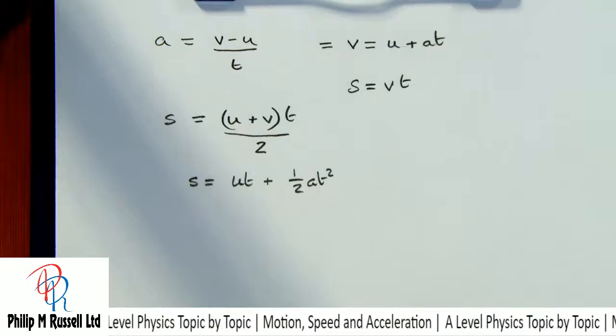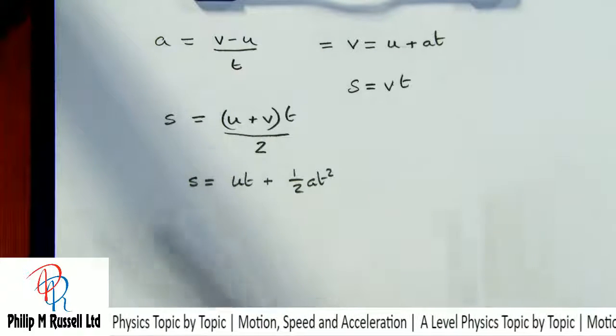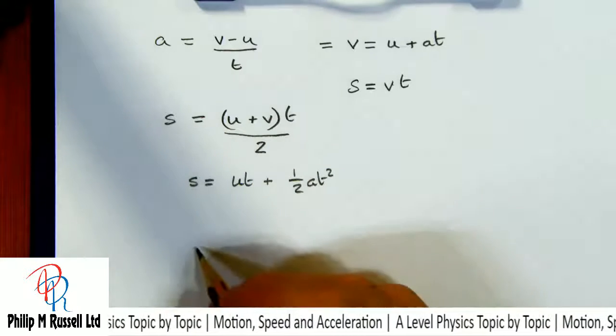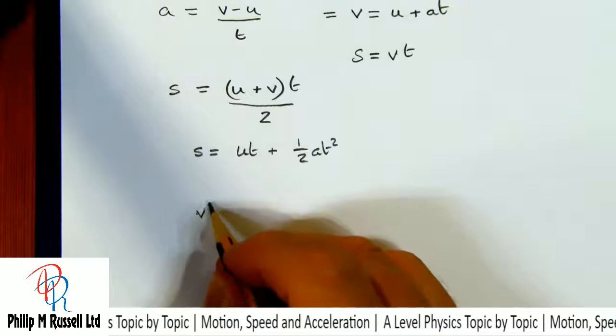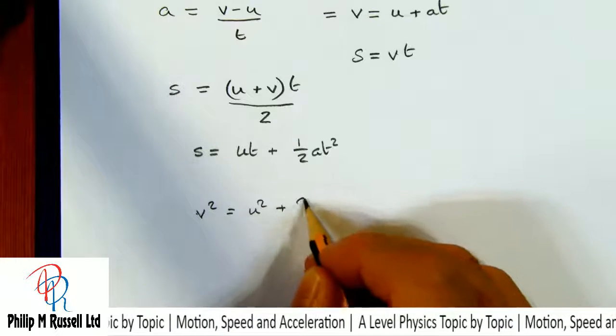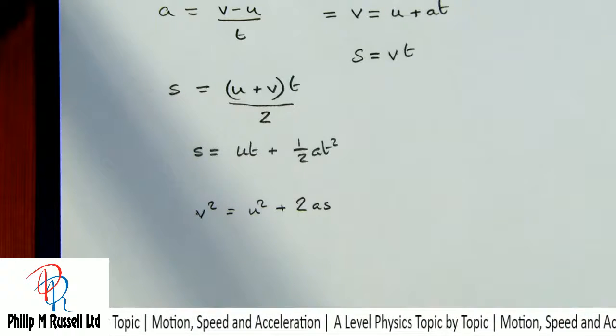The fourth one is quite useful by combining these two together in another way. We can get that v squared equals u squared plus 2as, 2 times the acceleration and the distance.